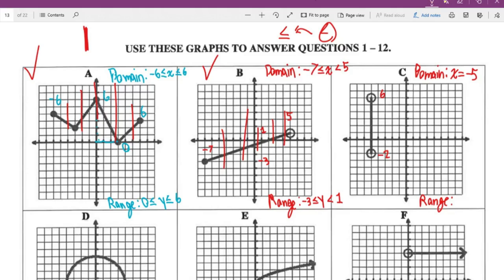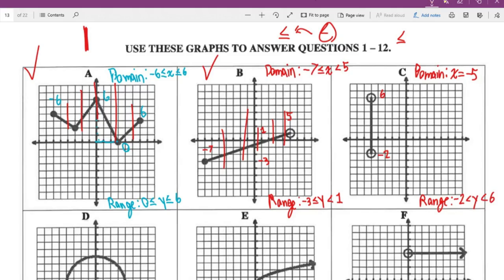We aren't including these points, which means that we're not putting a line under it, because a line means that it's equal to. And since it's open, it's out, it's not included. It's not equal to these points. So we go from -2 is less than y is less than 6.